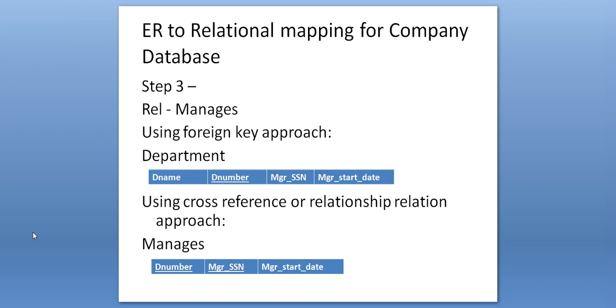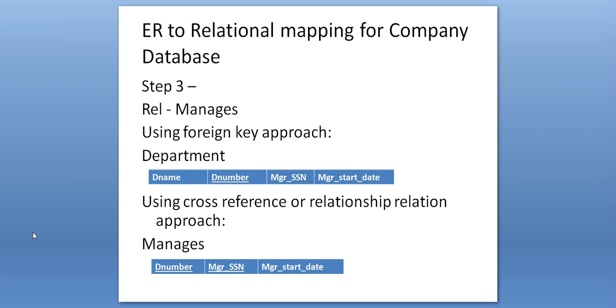There are only two entity types participating in this manages relationship type, isn't it? One is department and one is employee. That means we have to insert the primary key of employee here in department as the foreign key.